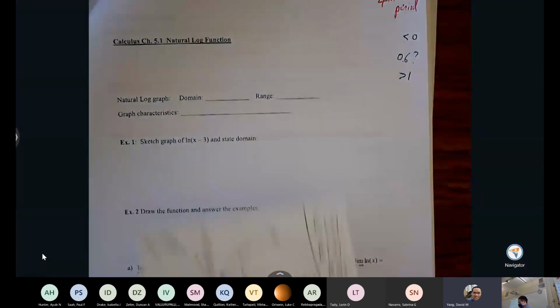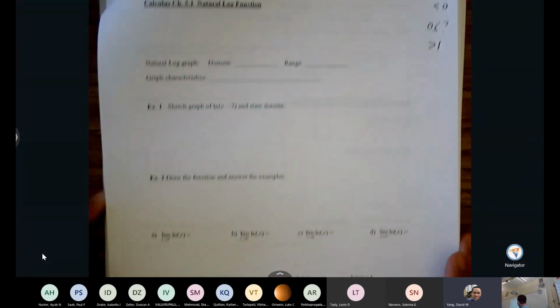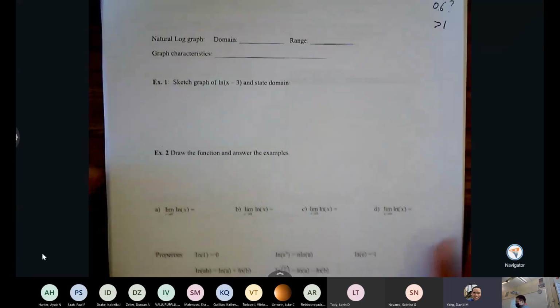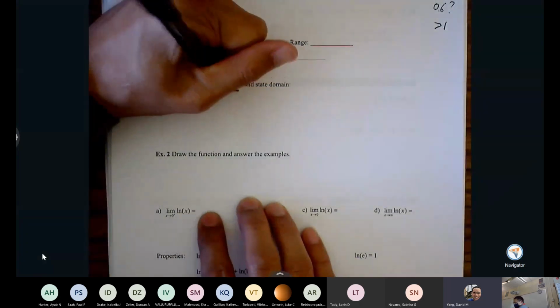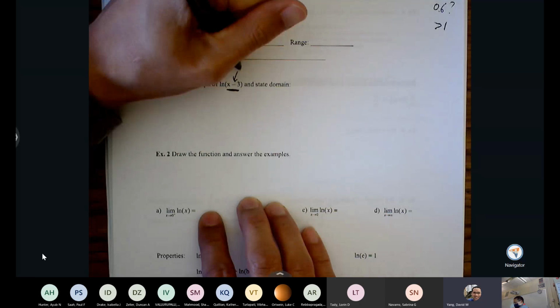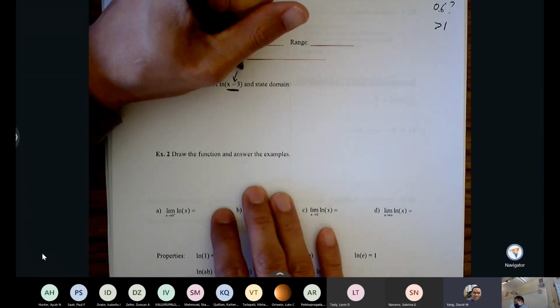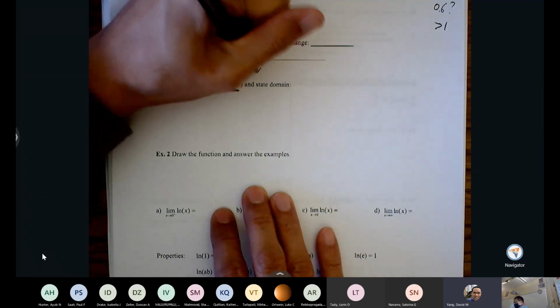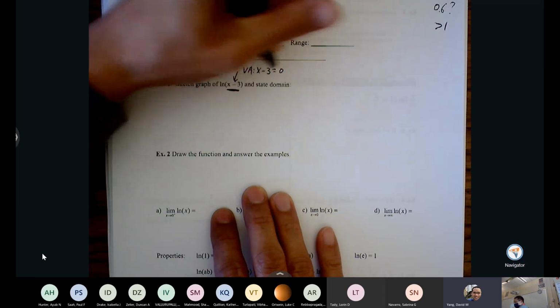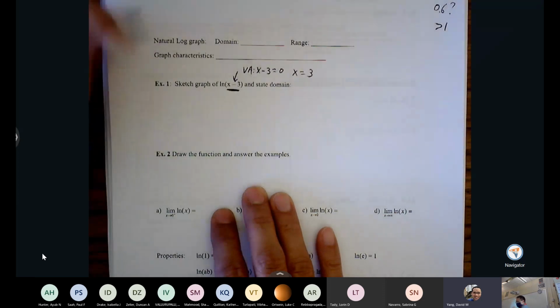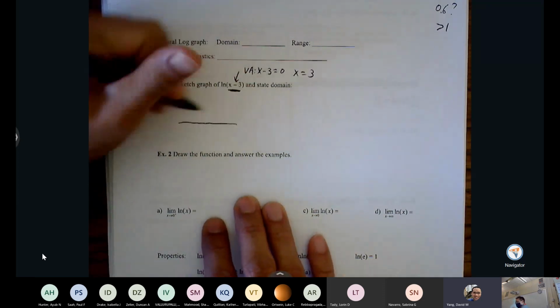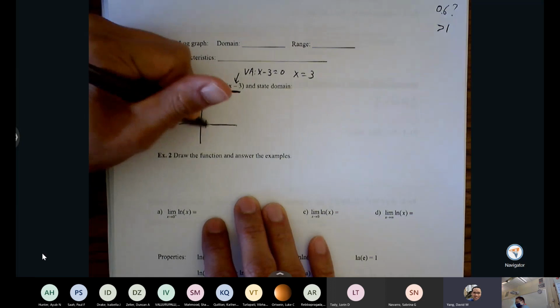Okay, so let's look at example 1. Sketch the graph of natural log of x minus 3. Whatever makes the parentheses 0 is going to be where your vertical asymptote is. So your vertical asymptote is going to be found by setting x minus 3 equal to 0. And if you know where your vertical asymptote is, you also know the starting point of your graph.